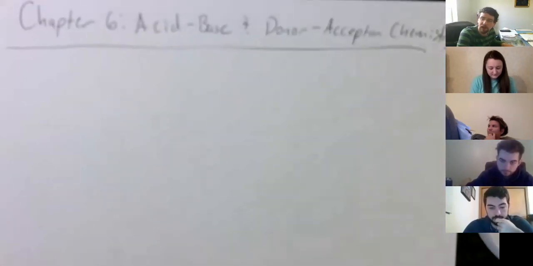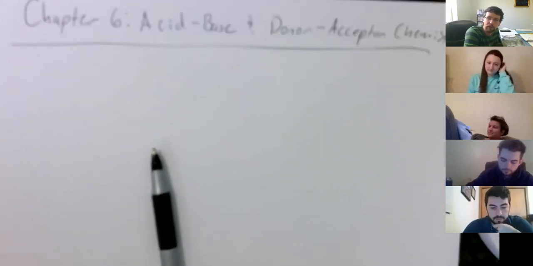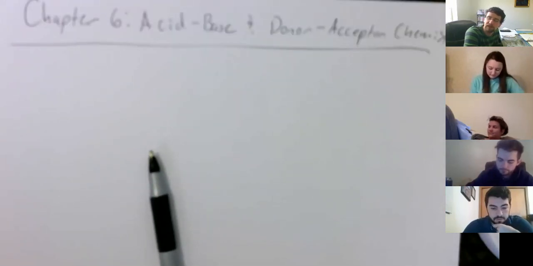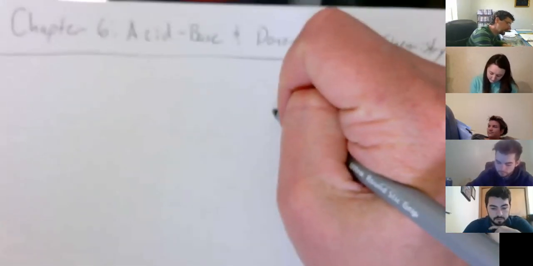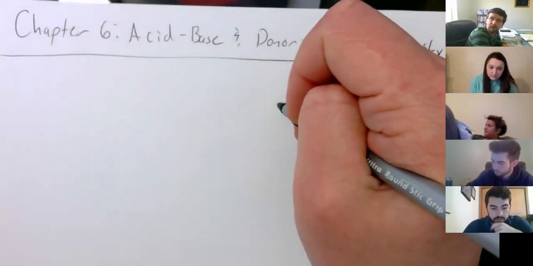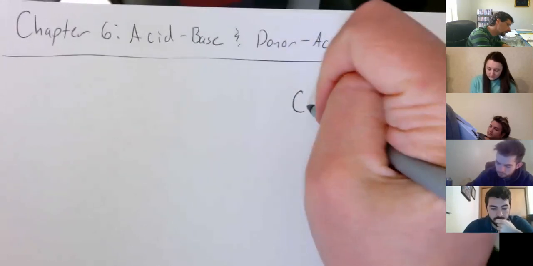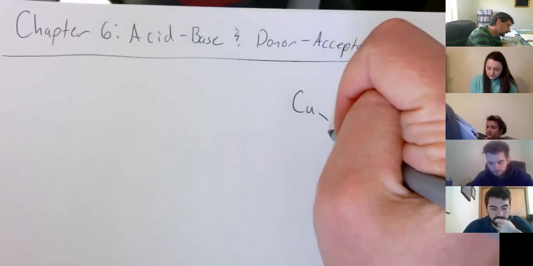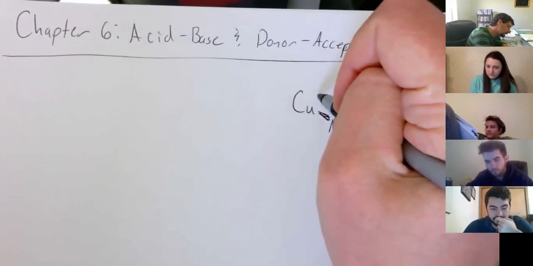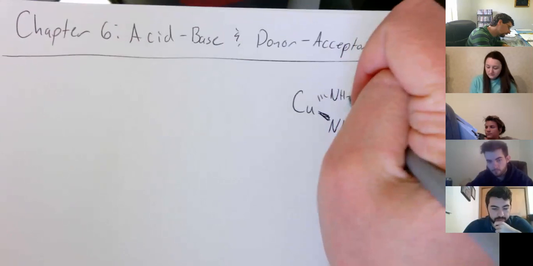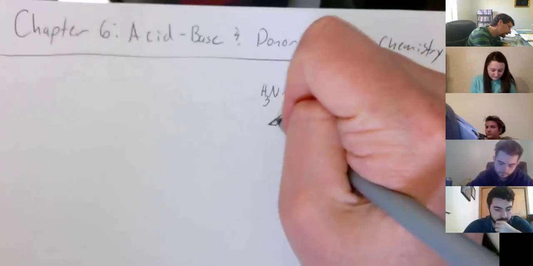So in this section, we're going to talk about acid-base interactions, which you guys know pretty well. We're going to talk about donor-acceptor chemistry, which is a bit different. And if you remember, maybe from Gen Chem or analytical, you might see a structure like this, where it's a transition metal complex.